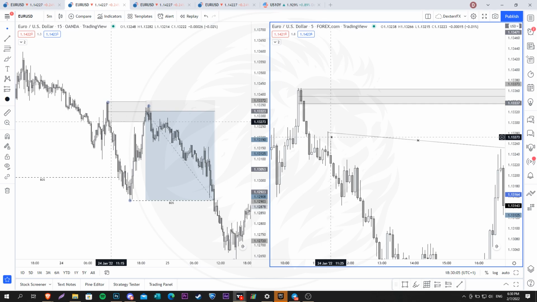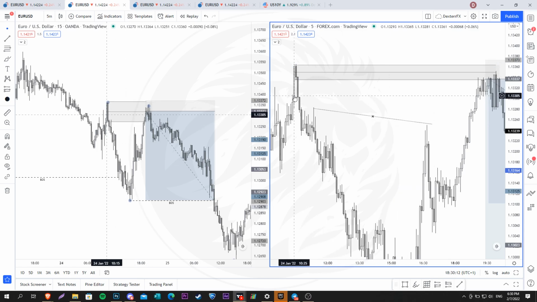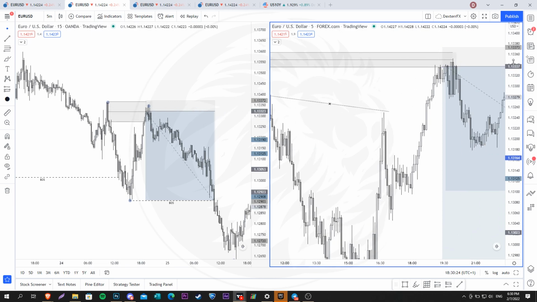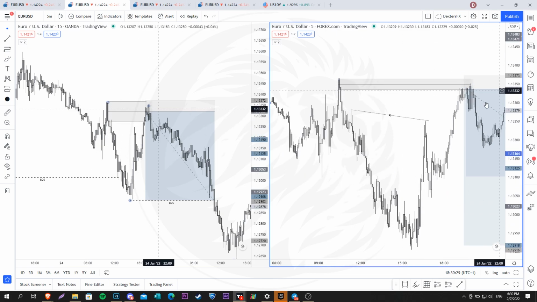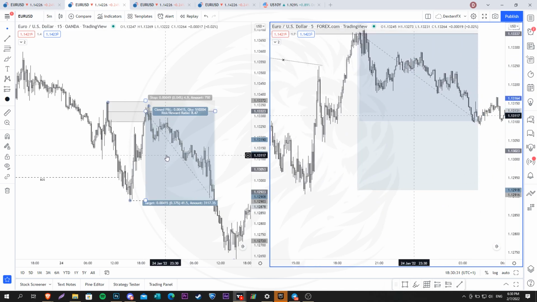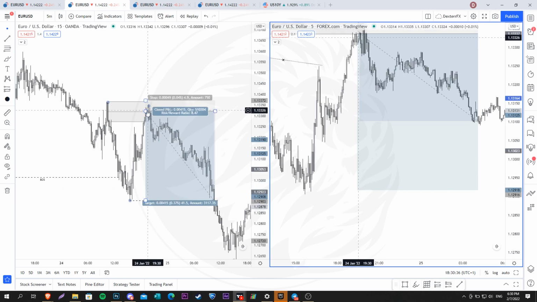So with this imbalance, we know that the price can come back with more probability, because if price had mitigated all the time, we know that the price has less probability to come back. But here we know that the price has imbalance, so there is much more probability that the price will come back. And if we consider this as not a complete candle and take the same TP as the M15, we have 11 risk reward, which is better than if we take the 50% on the 15 minutes.